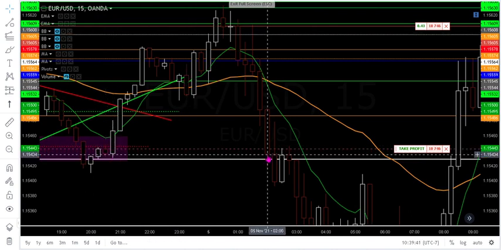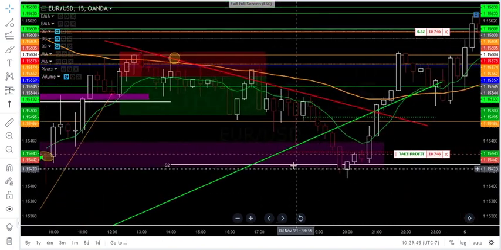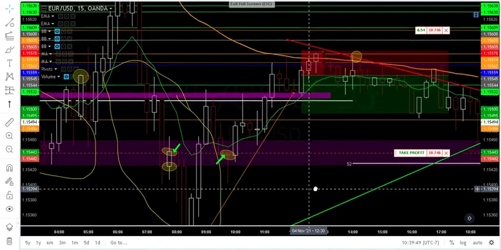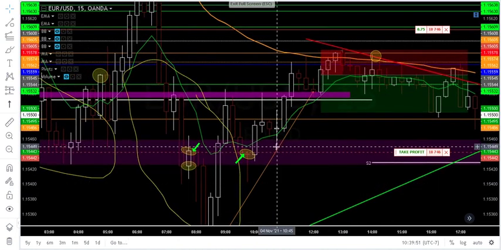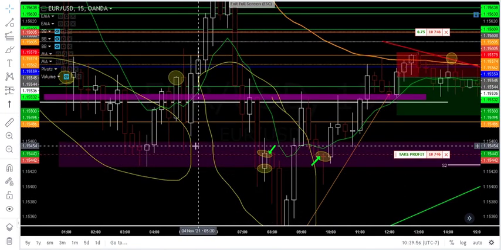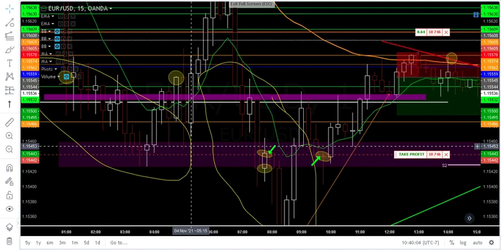It rejected back down. And it'll be nice to see price coming down and rejecting back up on the same area of take profit. See, rejecting and going back up. That's what I'm looking for. Really, right here, price is rejected and went back up. It rejected right here, went back up, rejected right here, went back up.